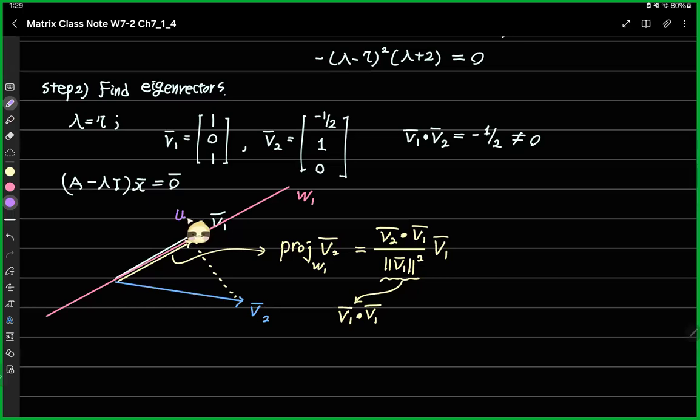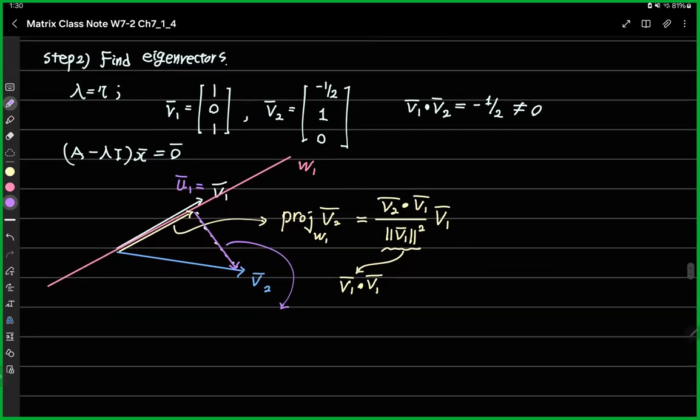We set U1 as V1, and then by subtracting the orthogonal projection from V2, we get the basis vector which is orthogonal to U1. Let's say this is U2.